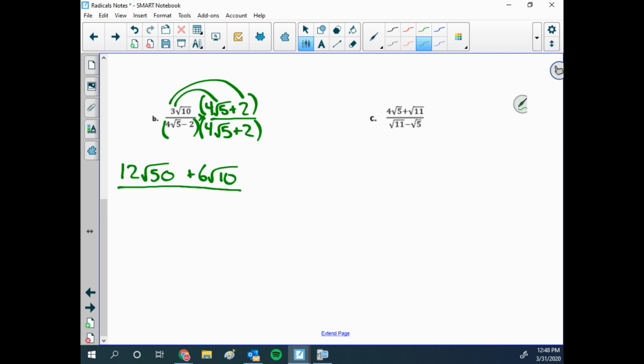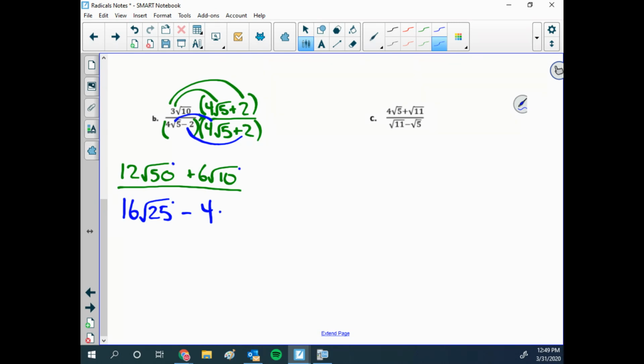Now, because I multiplied by the conjugate, if we're FOILing this out, we only need to multiply the first term and the last term together. So 4 root 5 times 4 root 5 is going to give me 16 times the square root of 25. And negative 2 times a positive 2 is going to give me a negative 4. Now I'm going to simplify this as much as possible, taking it one term at a time.